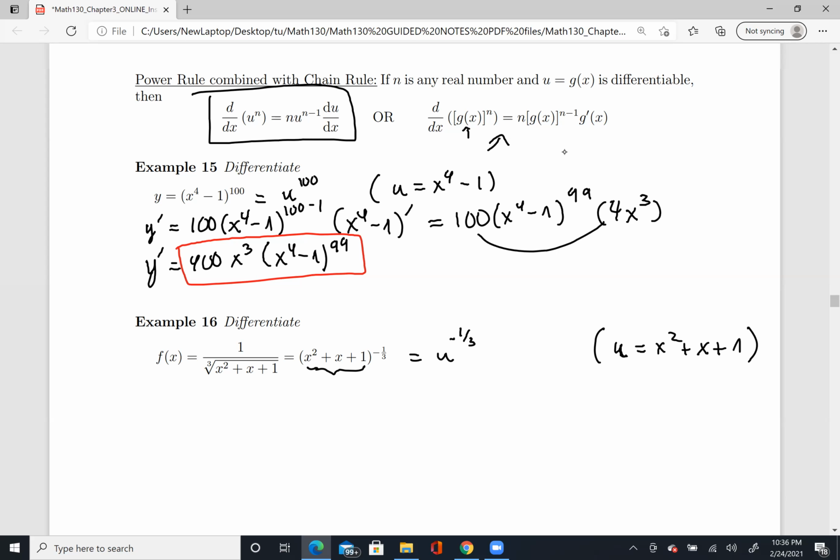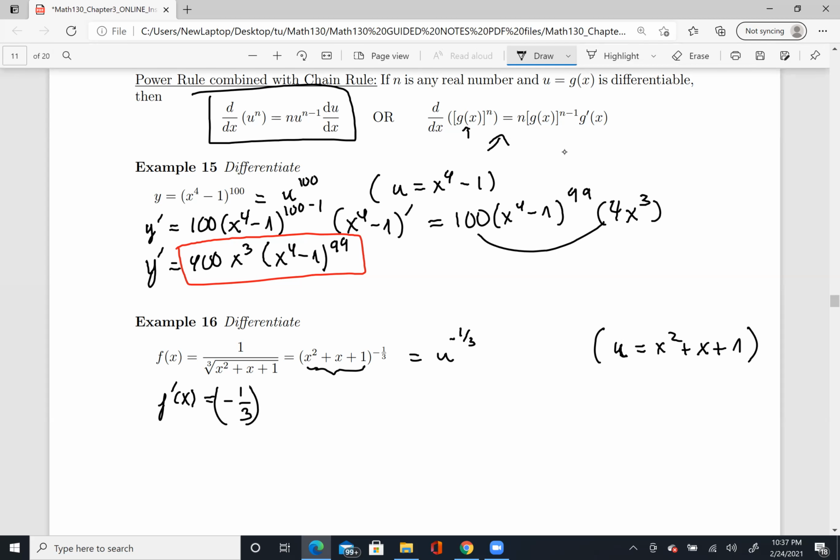Now follow the power rule combined with the chain rule. The derivative of y with respect to x will be equal to negative 1/3 put down, now multiply it by the inner function, x squared plus x plus 1, to the power lowered by 1 unit.